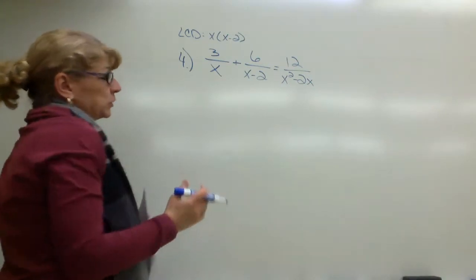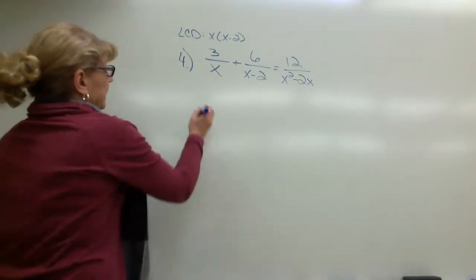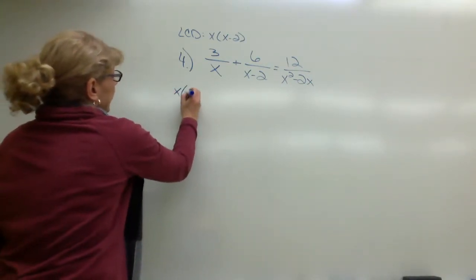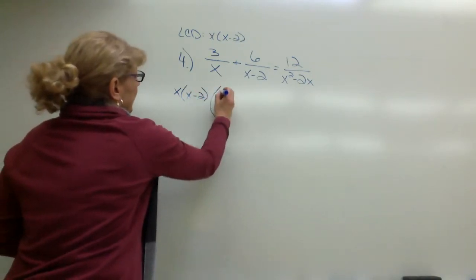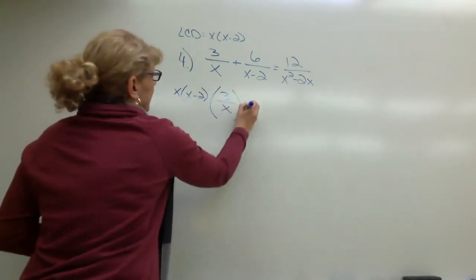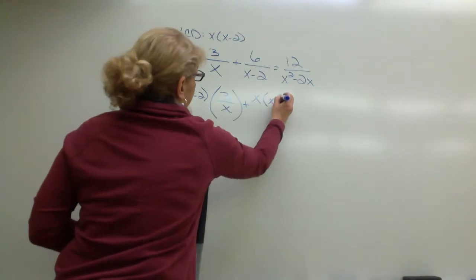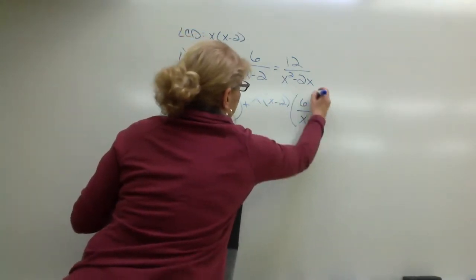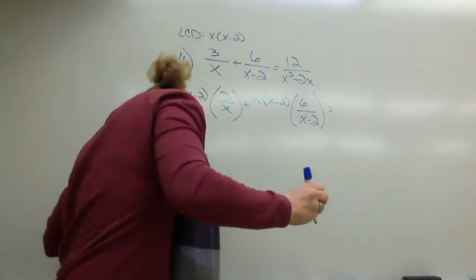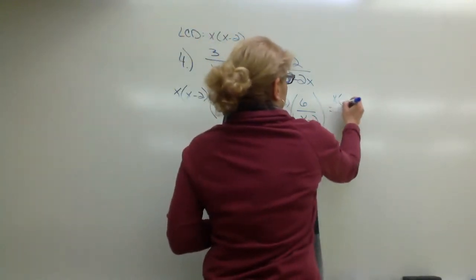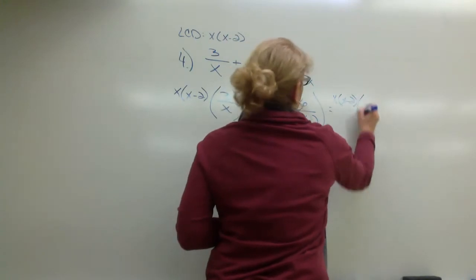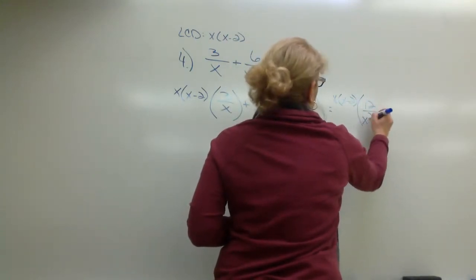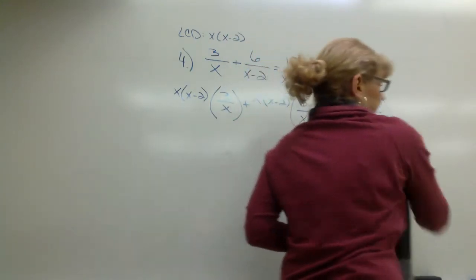So again, I'll multiply each term by the least common denominator. So I have x times x minus 2 times 3 over x plus x times x minus 2 times 6 over x minus 2 equals x times x minus 2 times 12 over x squared minus 2x.